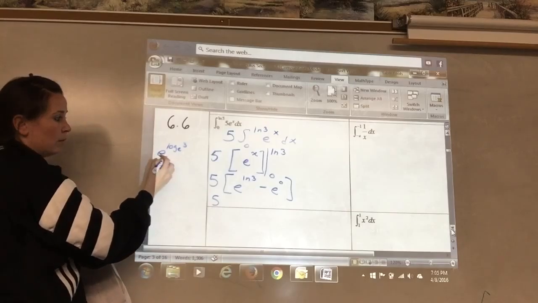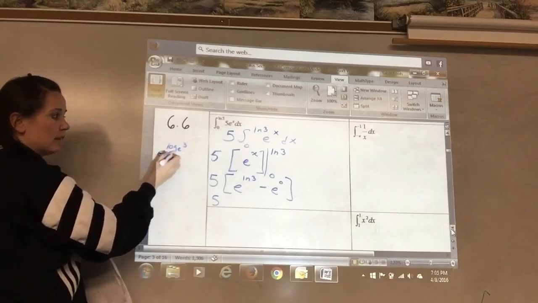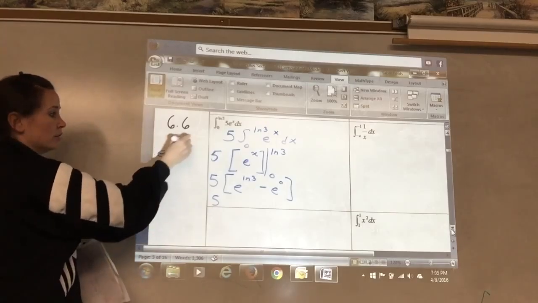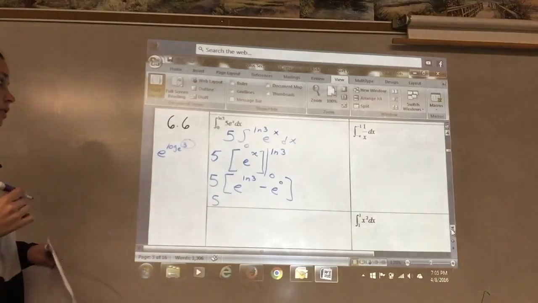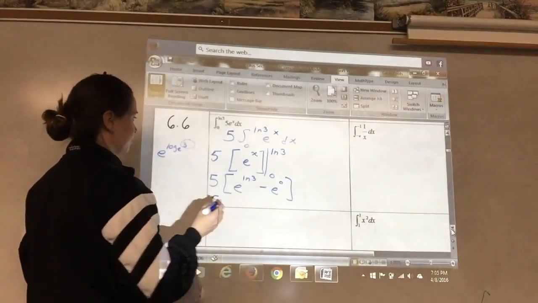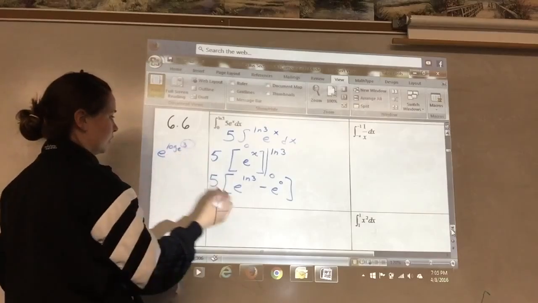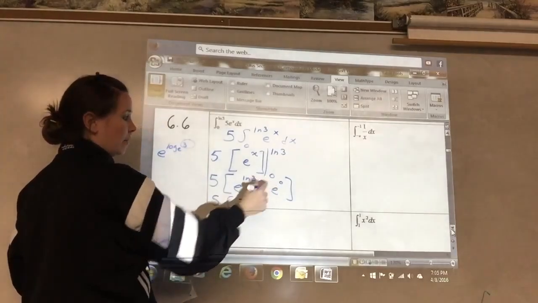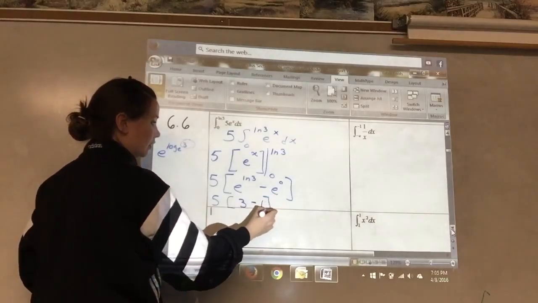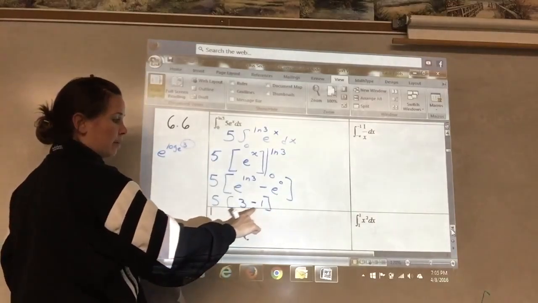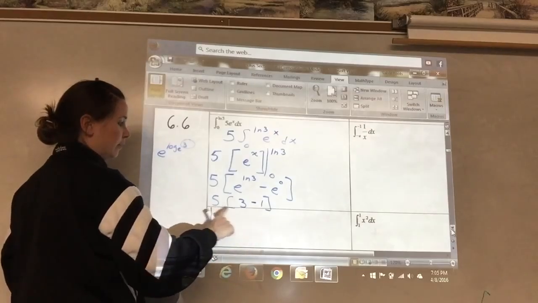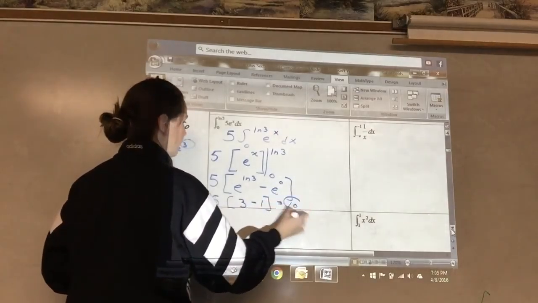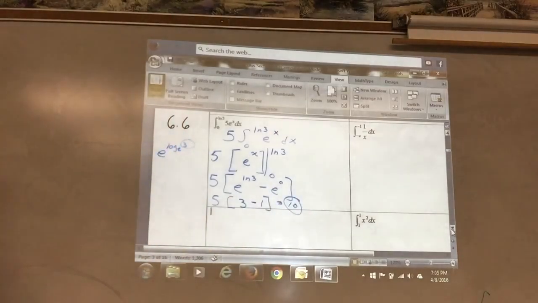And the property was when these are the same, see how e and e are the same, the bases are the same, the answer is just the 3. Okay, so we'll put 3 here, and e to the 0 power is 1. So in the end, 3 minus 1 is 2, and 5 times 2 is 10. So I'm getting 10 for that answer.